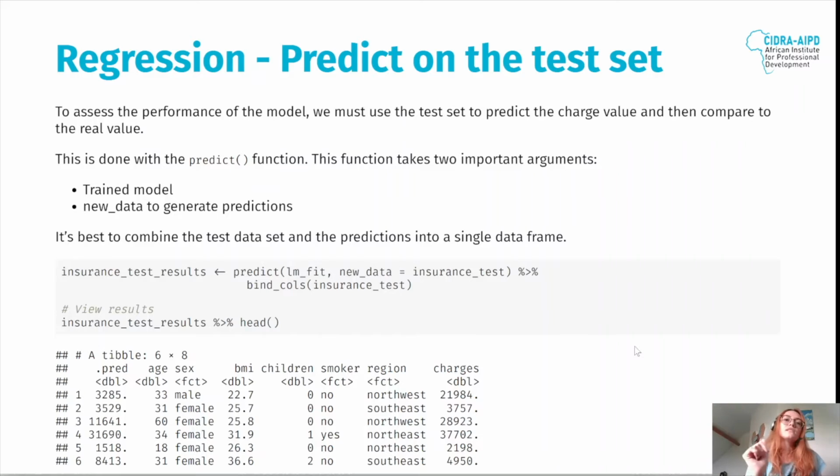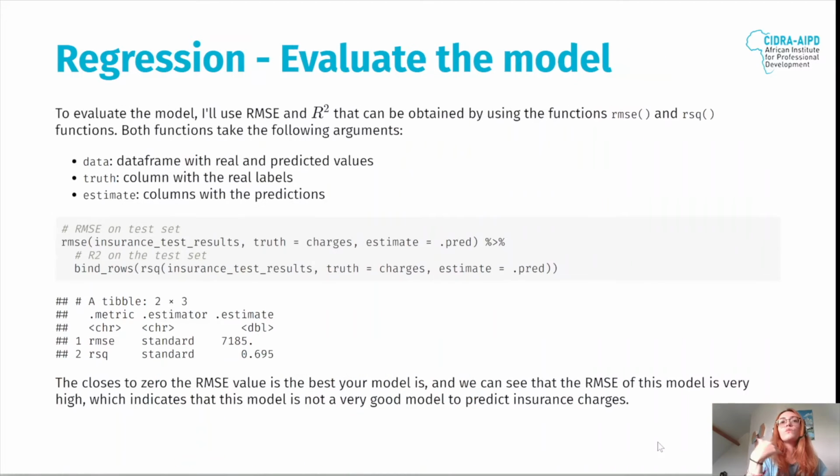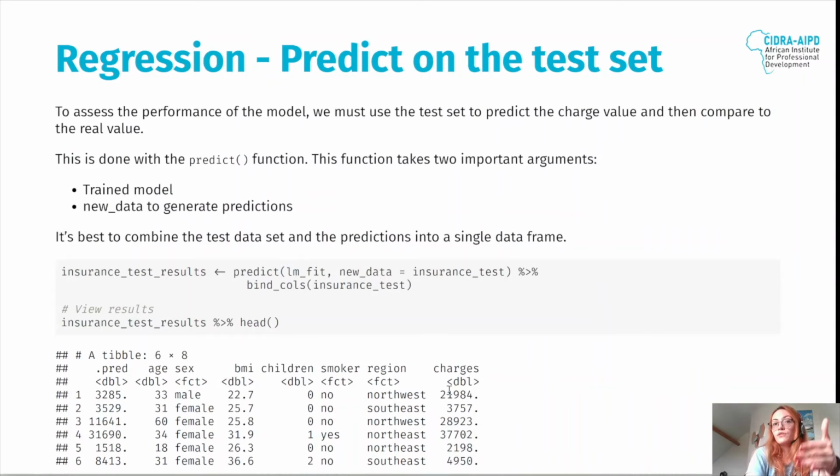So everything's positive, and you do 3,500 minus 3,700, and you're going to do the sum of all those squared differences and then take the square root from it. So that's why it's called root mean square.